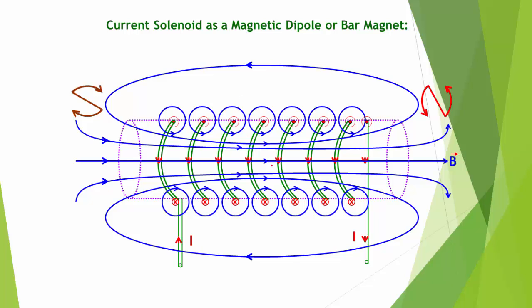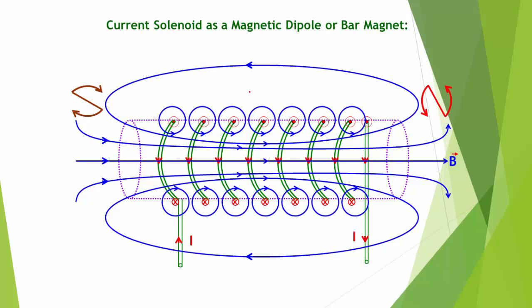These are the n number of turns. When the current moves inside this solenoid, this cross mark represents current moving into the plane of the paper, and the dotted line indicates current exits outside the plane of the paper. This solenoid acts as a magnetic dipole or a bar magnet.